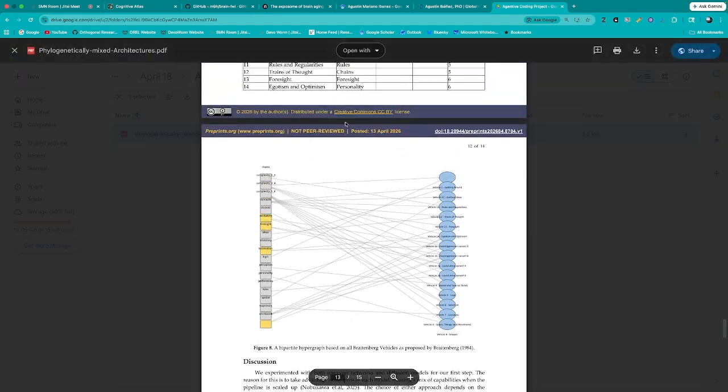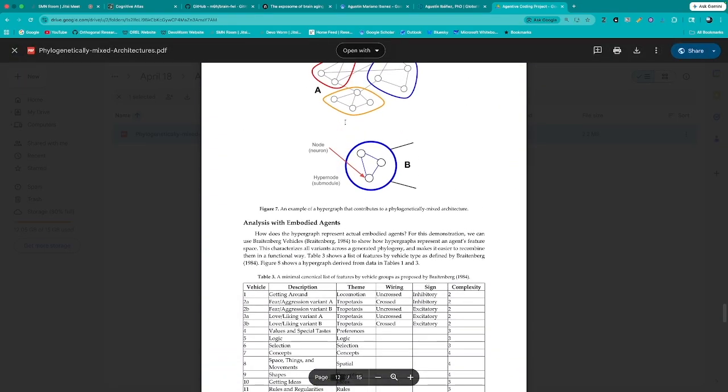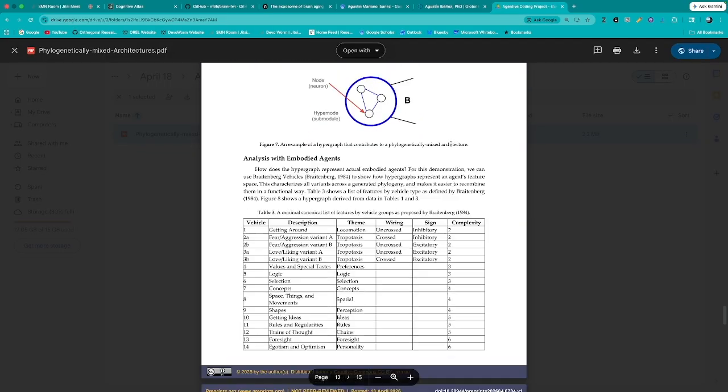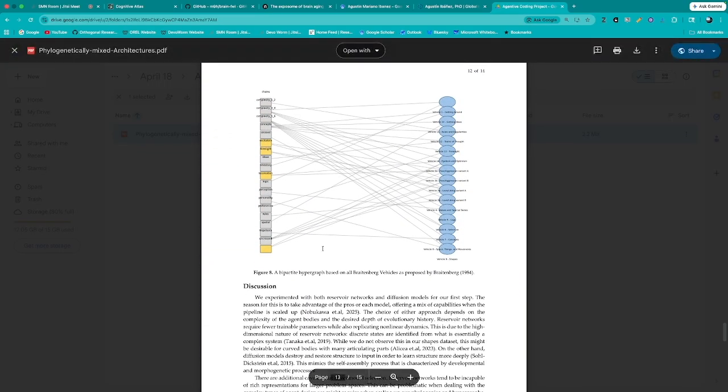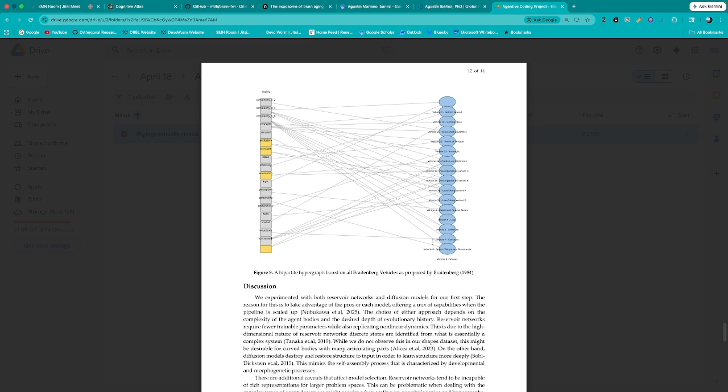There are different ways you can do hypergraphs. You can do a nested hypergraph, or a bipartite hypergraph, and this is based on the Braitenberg vehicle data set, which relates different aspects of the Braitenberg vehicle to specific vehicle designs as featured in Braitenberg's book.